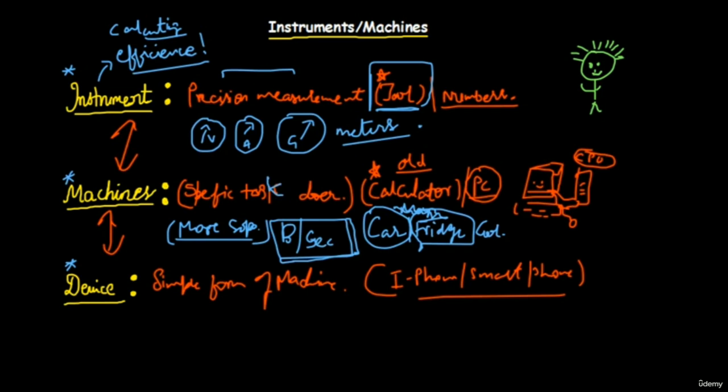Like you cannot use your fridge to go to your office, of course, but you can use your car to go to the office. You need a refrigerator to cool things. You cannot use your car to cool things. Similarly, machines are made for specific or sometimes a little broader purposes of similar kinds. So this is called a machine.